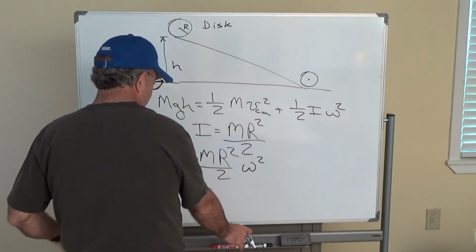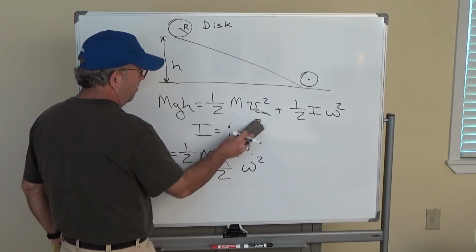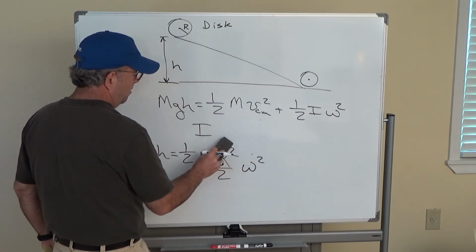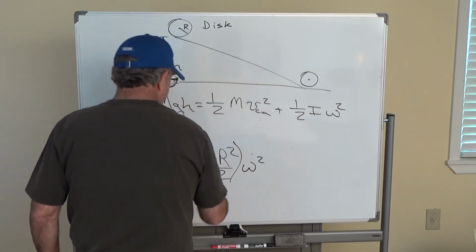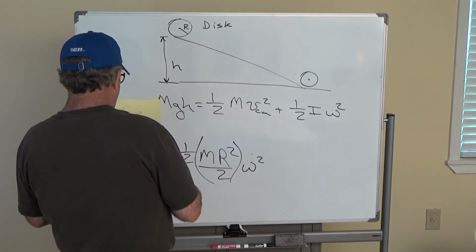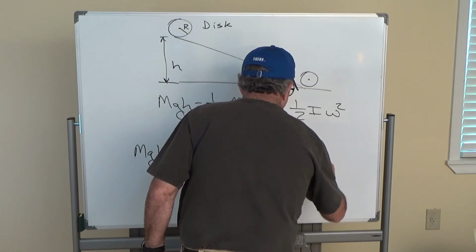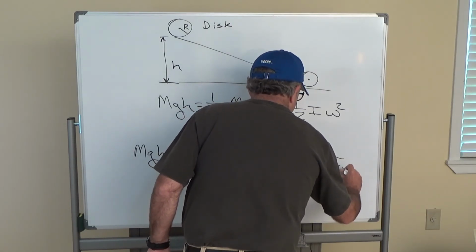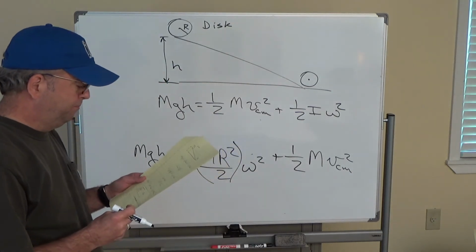I'm going to erase this. That's I, plus 1/2 m v center of mass squared. Okay.